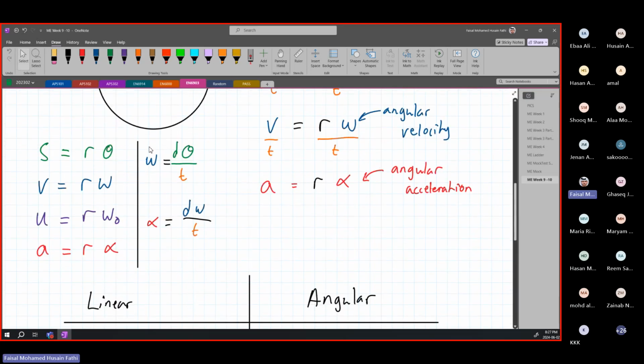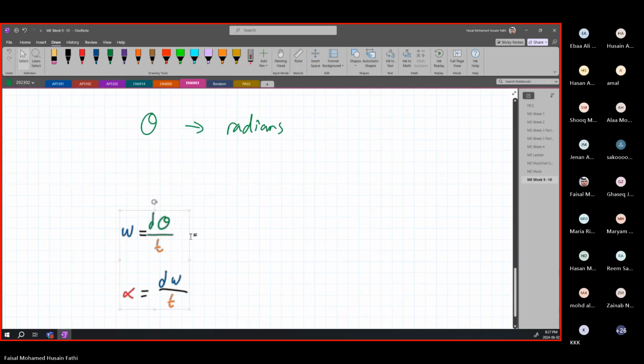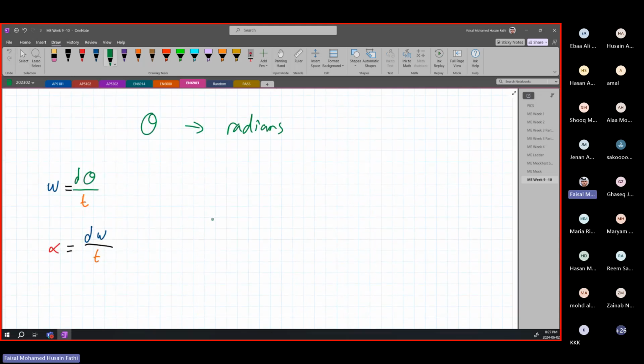What about omega and alpha? So we know that omega is equal to the change of, or the angular displacement over time. So it is going to be in radians per second.